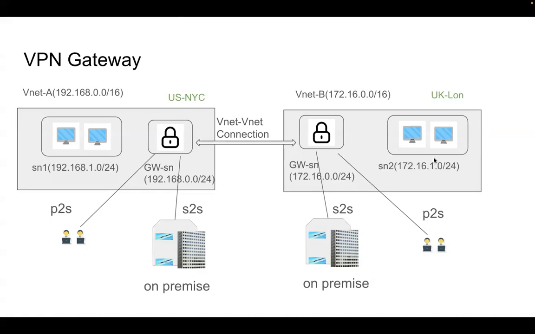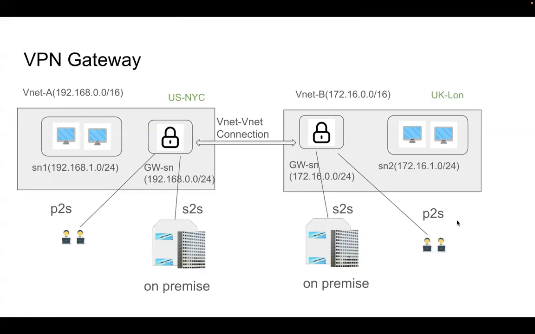This is mandatory for configuring VNet to VNet connection and these two, P2S and S2S, point to site and site to site. Similarly, from the UK London office, we have one VNet on the cloud, VNet B, and we have one subnet there of 172.16 range, and we also have this gateway subnet. In this VNet we have this gateway, and everyone on point to site and site to site, that is on premise, the users connect to this gateway subnet.